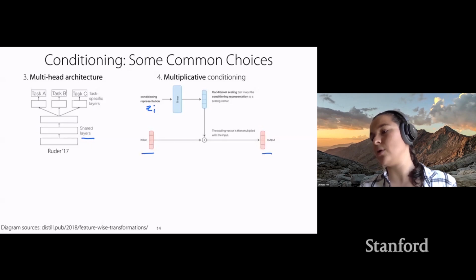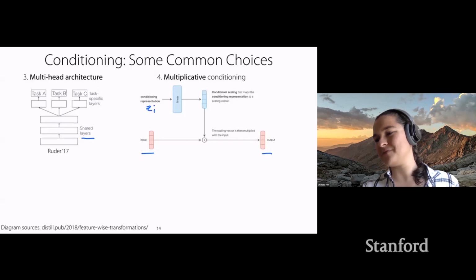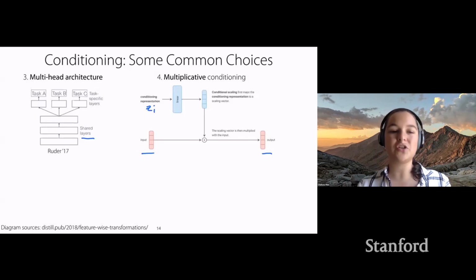This would be like one layer of the network. And as we talked about before, there are close relationships between multiplicative conditioning and branching, like multi-head architectures, when ZI corresponds to a one-hot vector and you're multiplying directly.